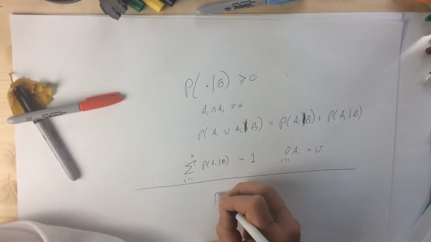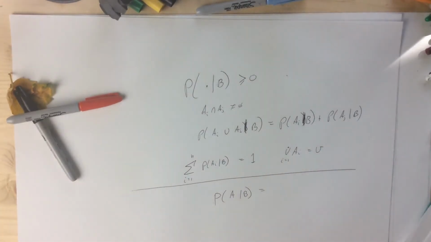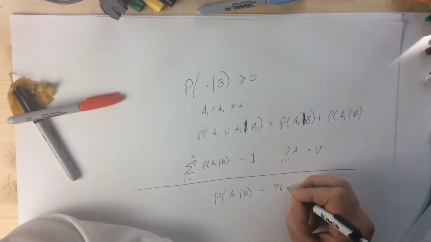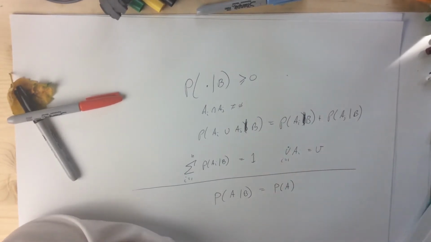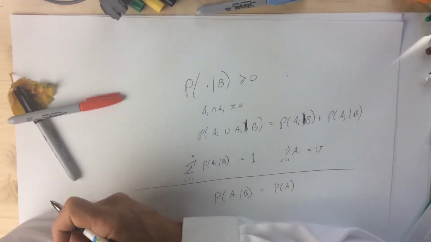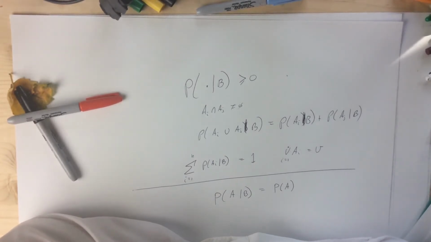Now, there's one strange thing. What happens if the probability of A given B is just simply the probability of A? In other words, B didn't affect A. Let me give you an example. What's the probability the second birth in a family is a boy, given that the first one was a girl?